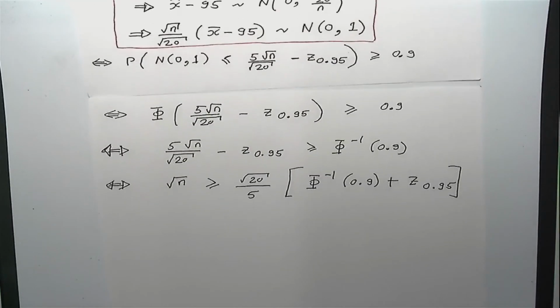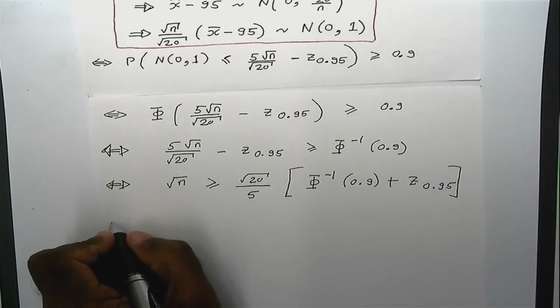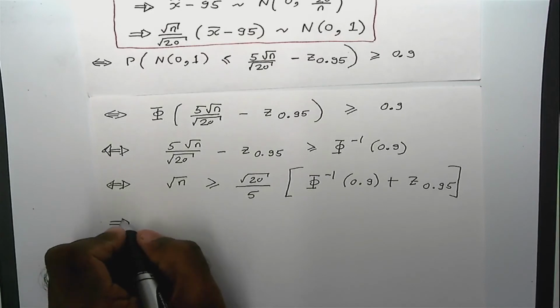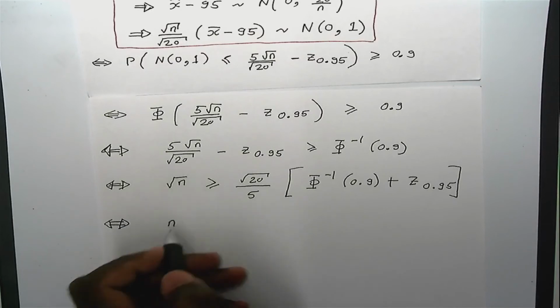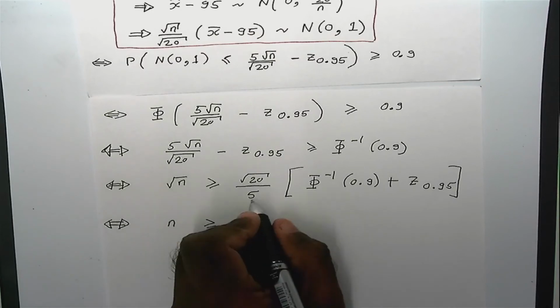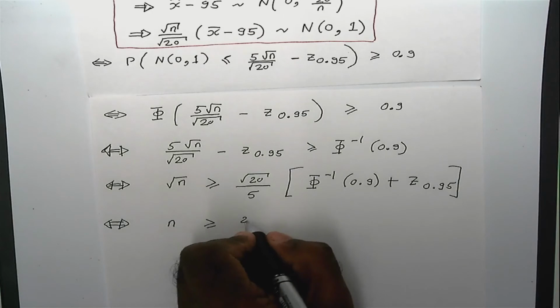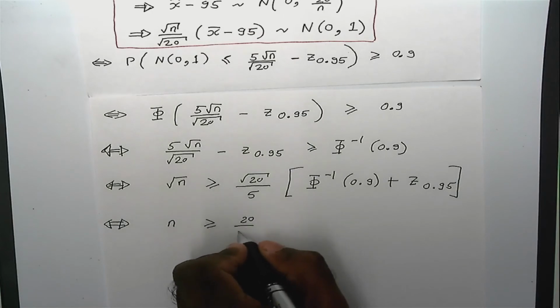So in the final step, I will just square. If you square this, you get n, and if you square this, you get 20 divided by square of 5, which is 25.